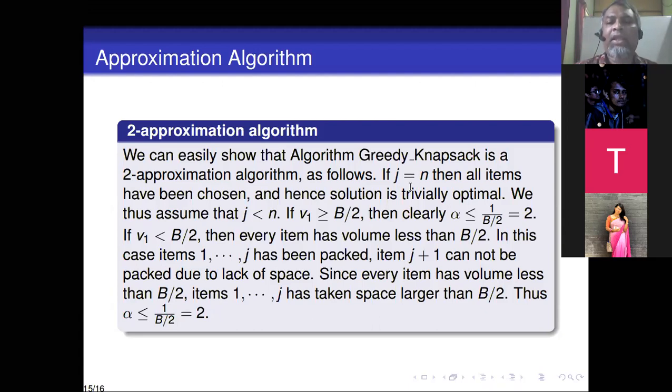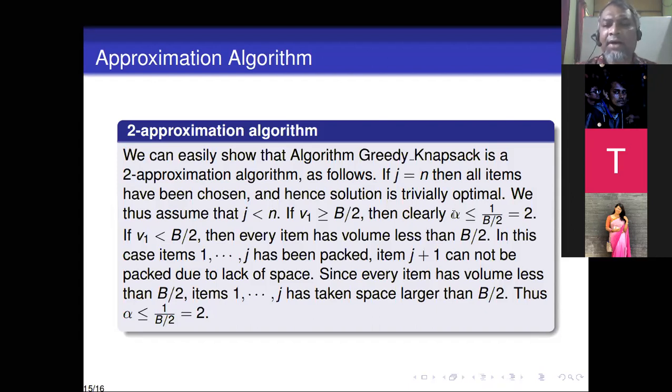Yes, sir. Okay. Now we consider the case where we cannot take all the items, so we take fewer than n items. In the first case, say the volume of the first item is greater than or equal to b by 2, that is, half of the knapsack capacity.